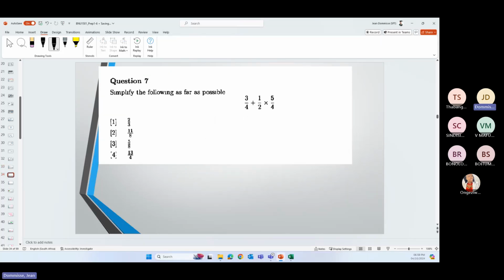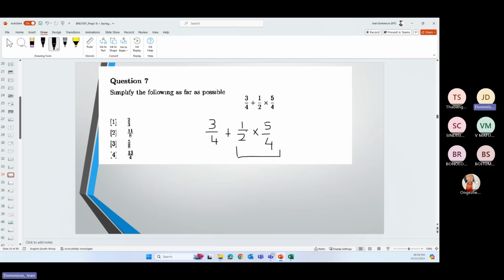Okay, so now, again, simplification. Now look at this one. So 3 over 4 plus a half times 5 over 4. Okay, so what we need to remember from BODMAS, we need to do multiplication first.